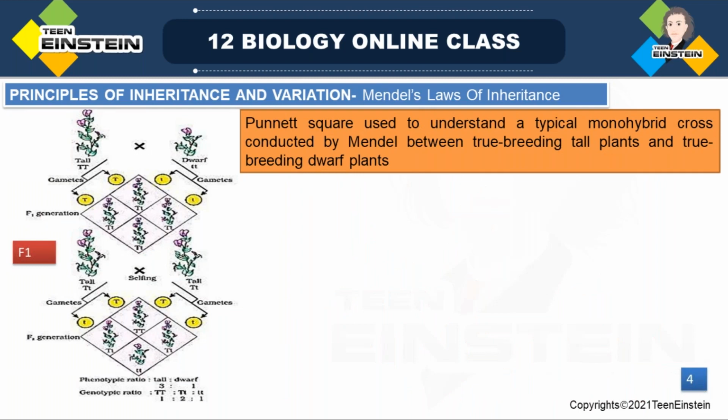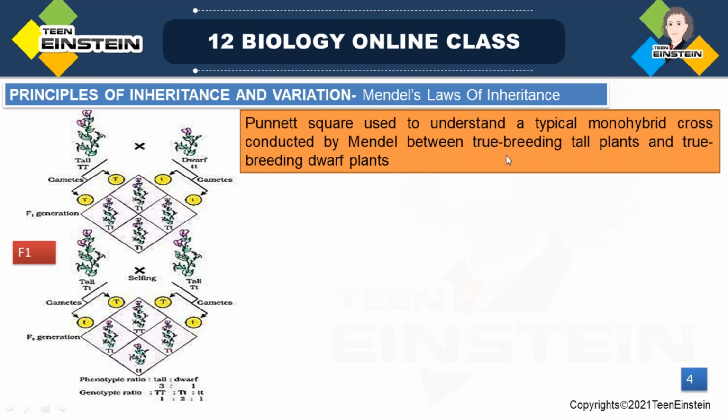And next, we learned about the Punnett square, which is used to understand a typical monohybrid cross. It was developed by Reginald C. Punnett.